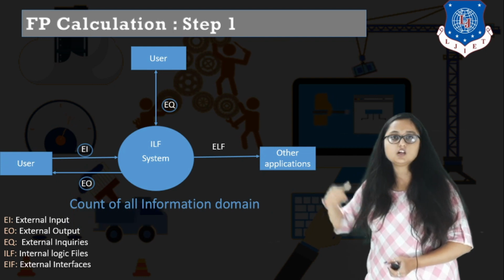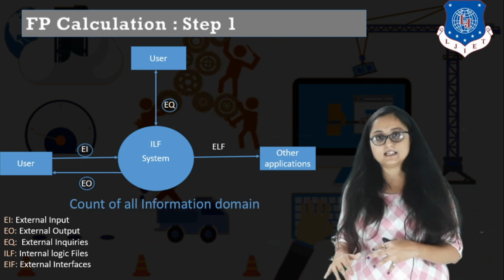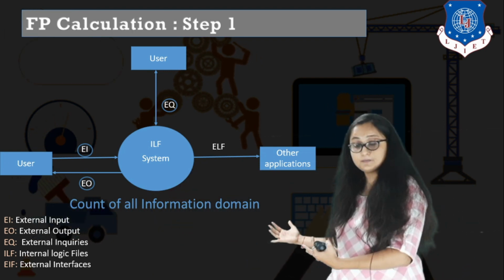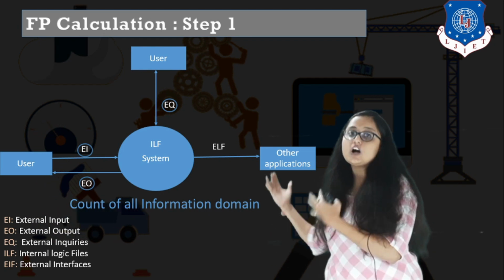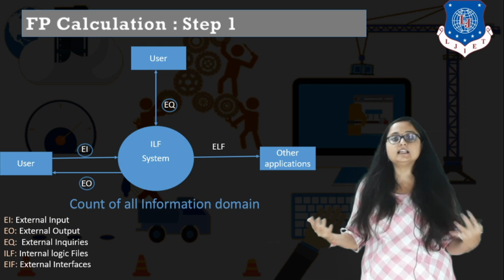The next is external output. Now whenever the user is entering the data, it is a possibility that the data is manipulated in your system and there will be some sort of output which you are giving to the user. For example, let us take an example of an attendance system.